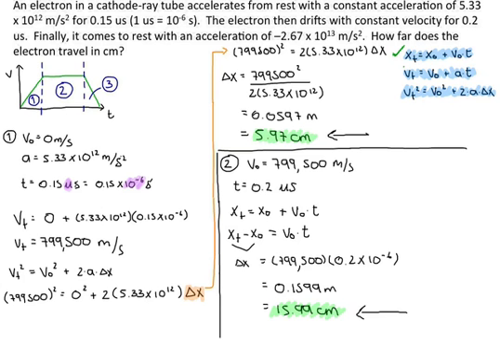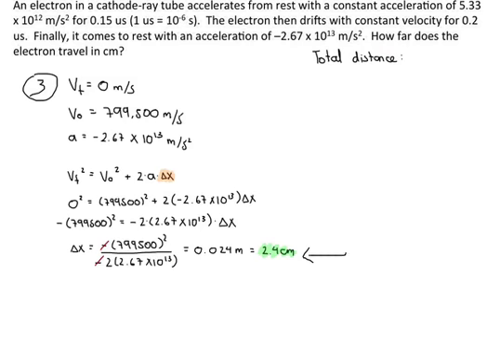So you start adding those results, plus the one we just got, this one. So you add all of those, and you should come to say that the total distance traveled by this electron was 24.36 centimeters. And that's it.